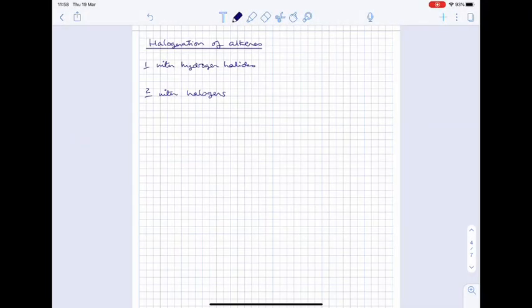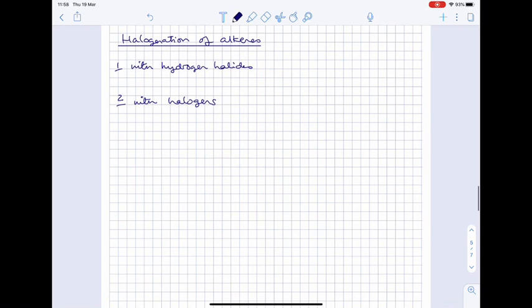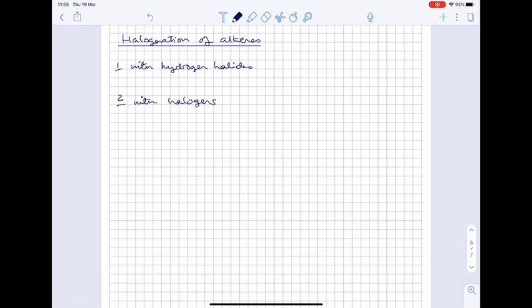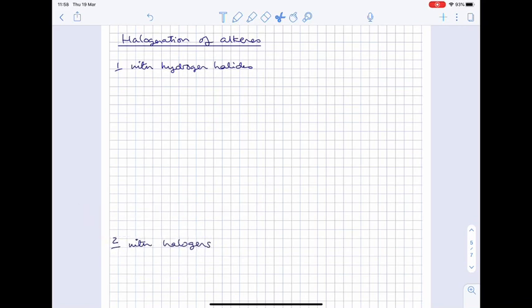So the next bit of revision is the reaction of alkenes with either hydrogen halides or halogens to give us a haloalkane. So this is through an electrophilic addition mechanism.